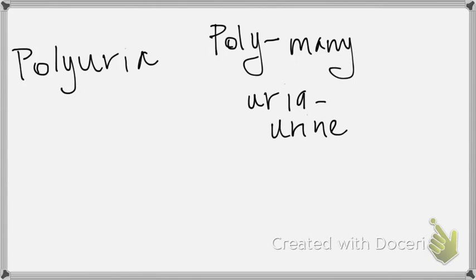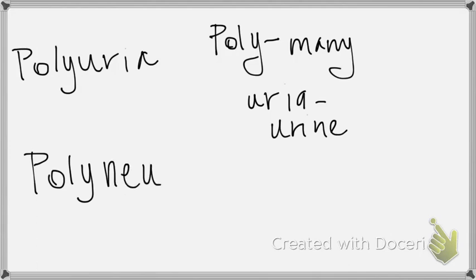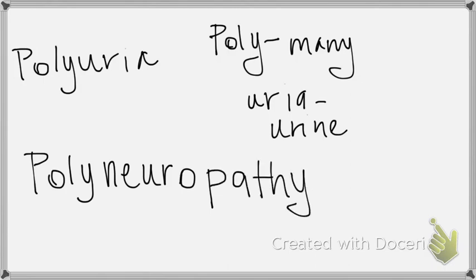We get to practice with polyneuropathy. Poly is many. Let me write this word. Poly, N-E-U-R, that's nerves, combining form O, because pathy is a consonant, P-A-T-H-Y. Polyneuropathy means diseases of many nerves, right?